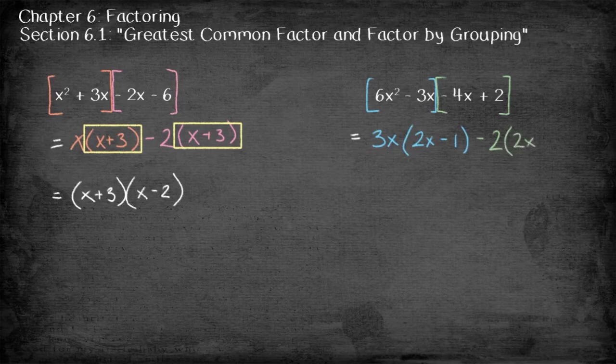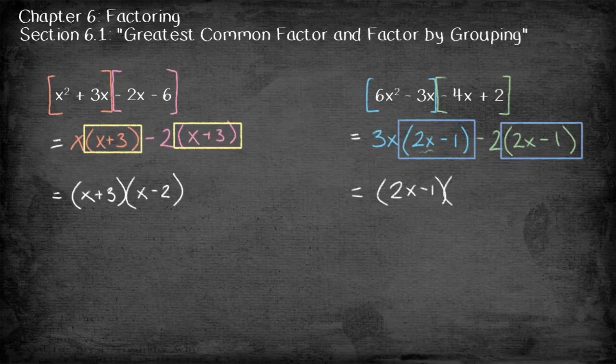This is so I'm left with a positive 2x, which matches up with what I have here, and then I'll have a negative 1 here as well. All right, and we're off to the races, as it were. And then what is left over? 3x minus 2. So that's factoring by grouping.